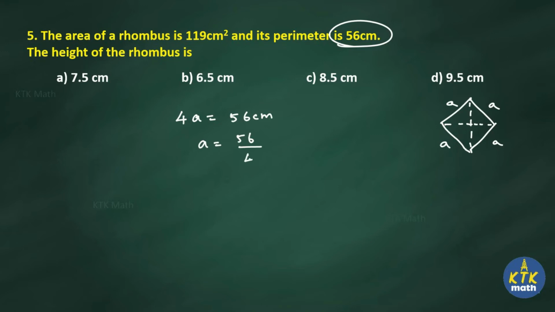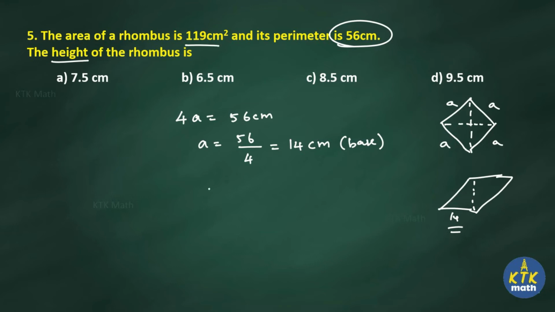56 over 4. So it's nothing but 14 centimeter. Now here, this 14 acts as the base of your rhombus. When I convert the diagram like this, this 14 is going to act as the base, and I'm going to find the height, which is what they are asking, and the area is given.